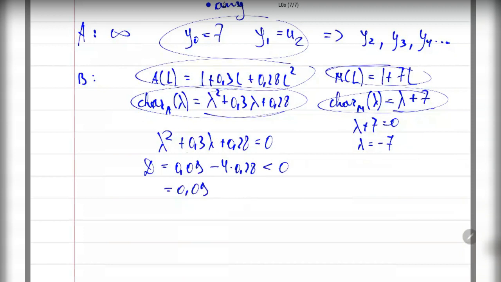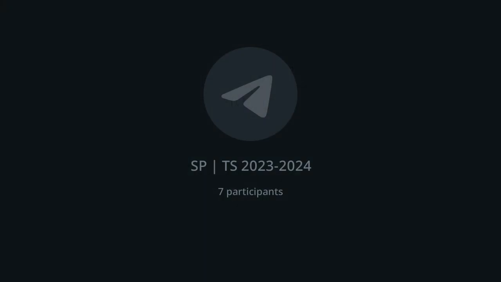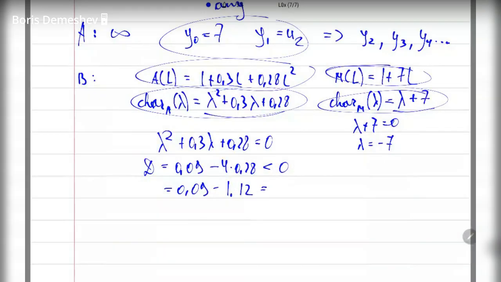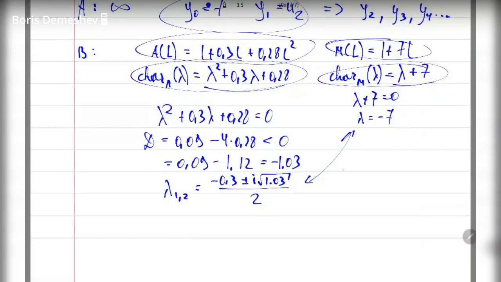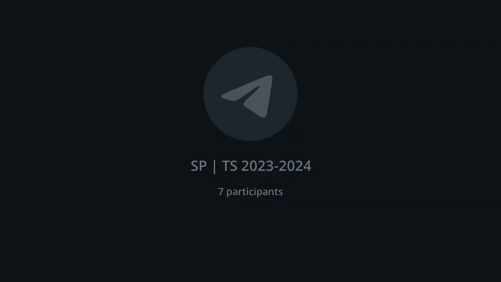So that's 0.09 minus 1.12, that's minus 1.03. Lambda 1,2 is minus 0.3 plus or minus i square root of 1.03 divided by 2. Yeah, we have complex roots, but that's not a problem. Okay, I see that the polynomials are coprime. Yeah, no common root.